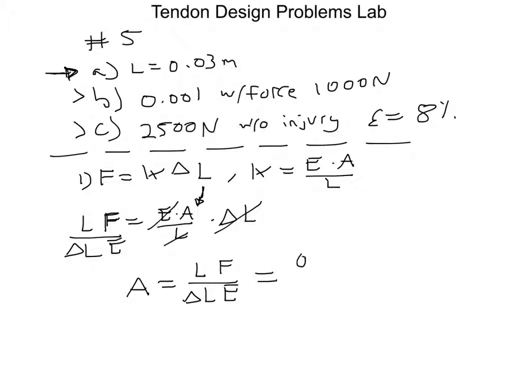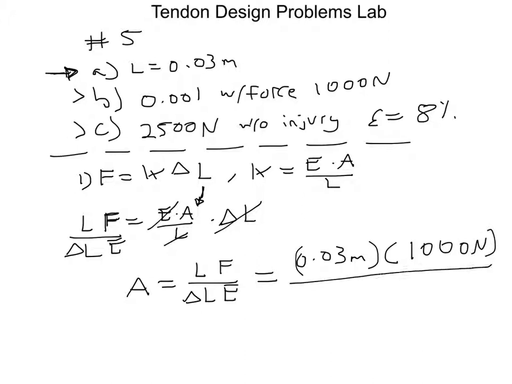So the starting length is equal to 0.03 meters. The applied force is 1,000 newtons. The change in length is equal to 0.001 meters. And the modulus of elasticity is equal to 1.5 times 10 to the 9 newtons per meter squared.